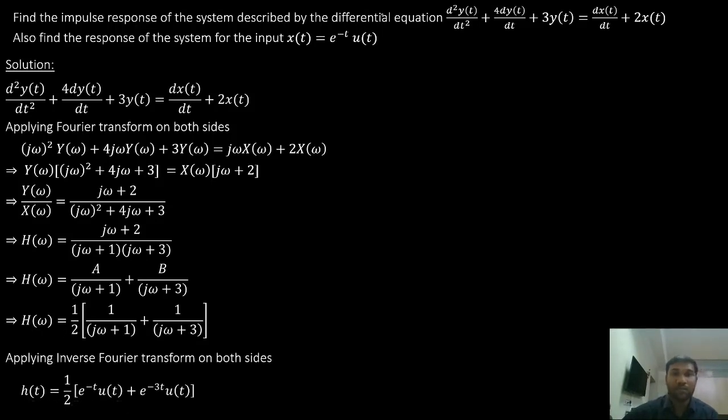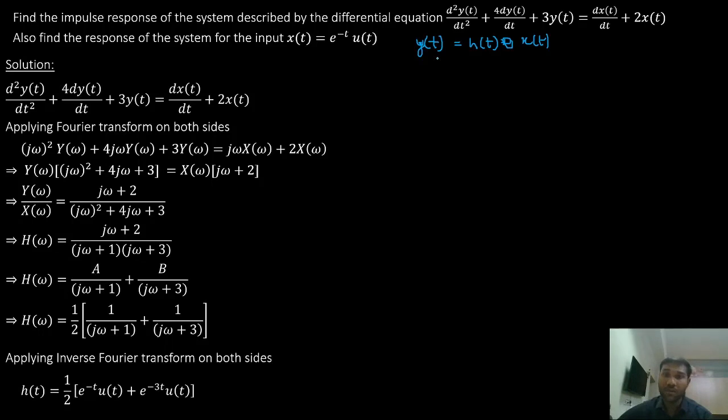To find the response of the system, that is y of t, one method is to convolve h of t and x of t, right? If I convolve these two, I'll get my response.